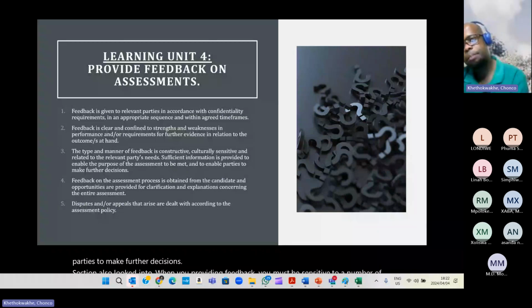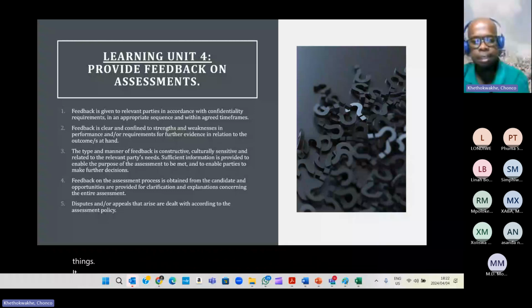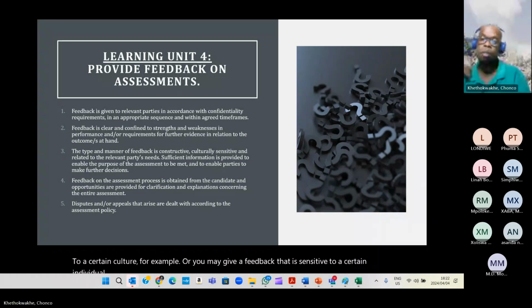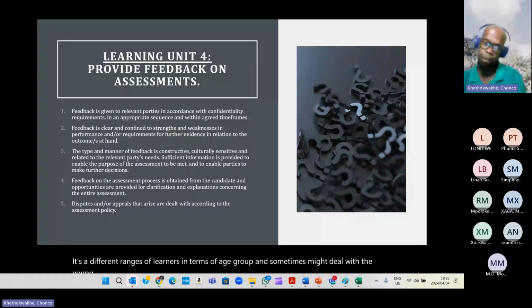You can maybe give a feedback that is offensive to a certain culture, for example, or you may give a feedback that is sensitive to a certain individual because it might happen that we deal with different ranges of learners in terms of age group. Sometimes we might deal with the young ones, and sometimes with old people.